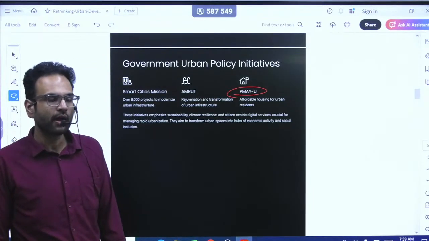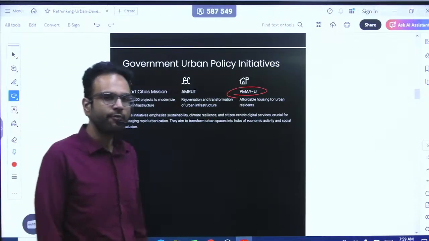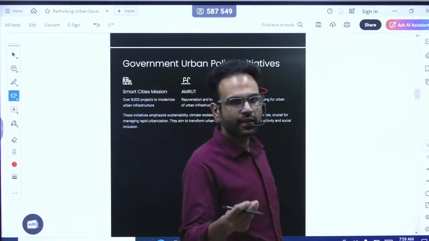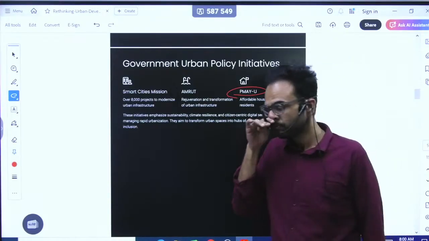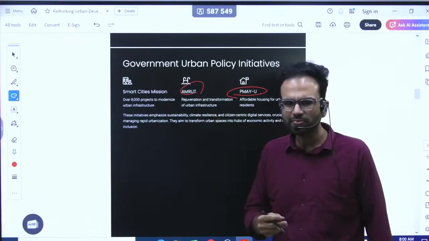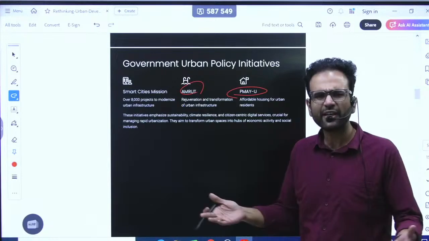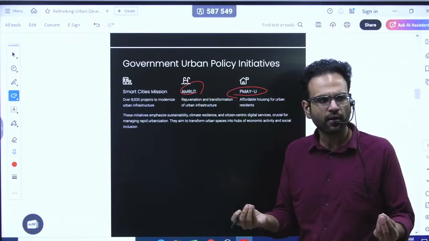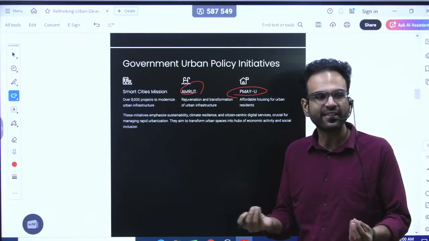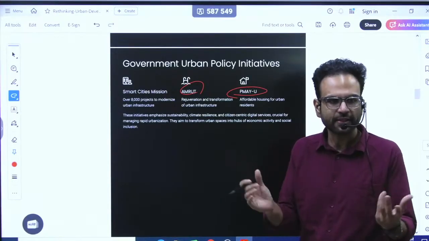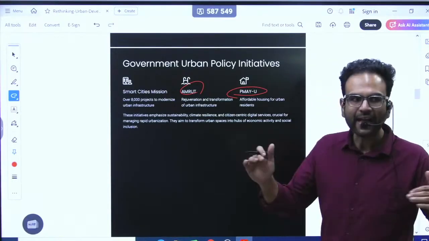And then you have Amrit scheme, which is meant for providing the basic infrastructure, for example, basic roads, basic public needs, public goods, green spaces, etc. And that acts as a foundation.